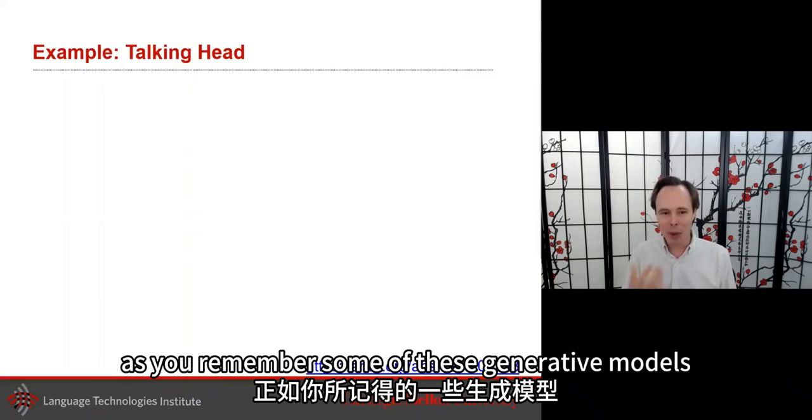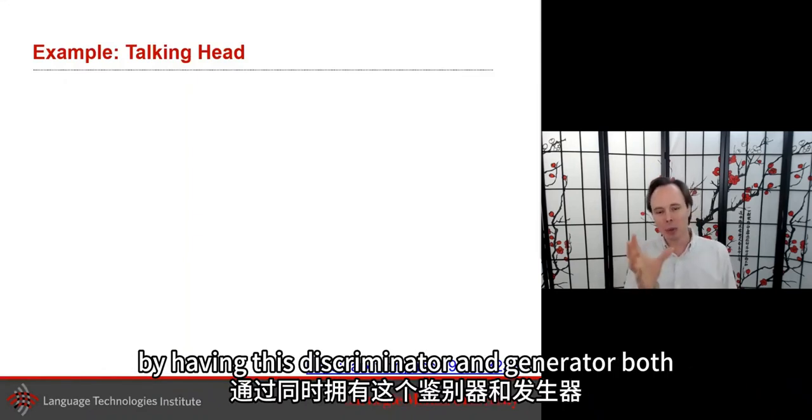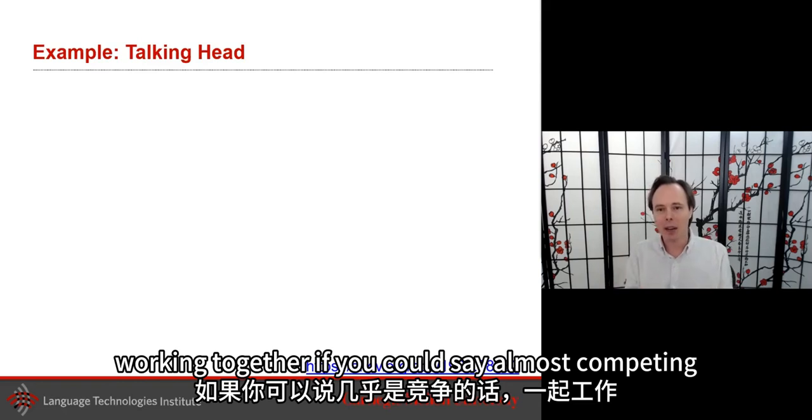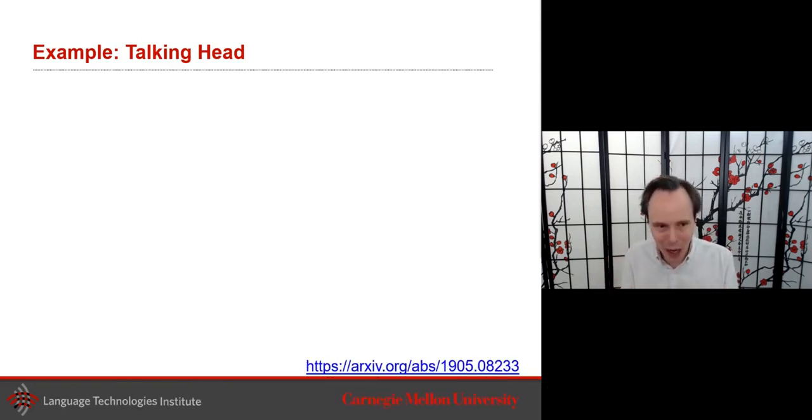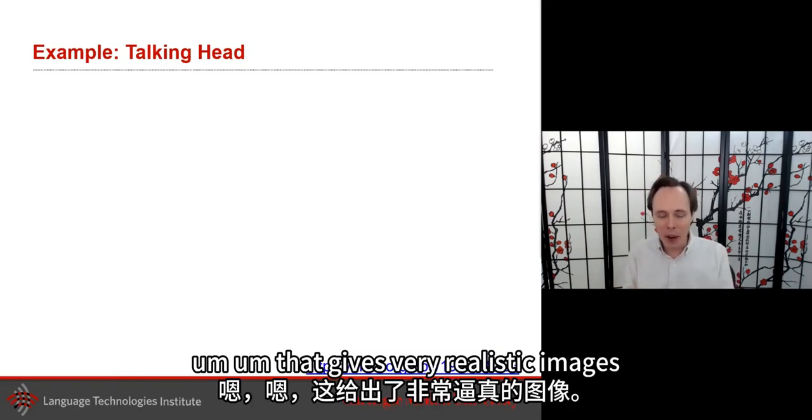As you remember, some of these generative models, by having a discriminator and generator both working together, you could say almost competing, give very realistic images.